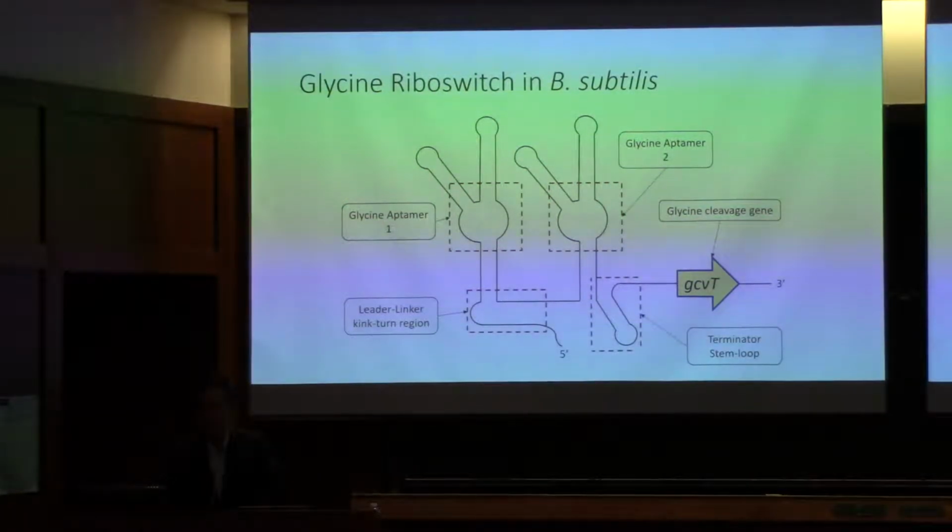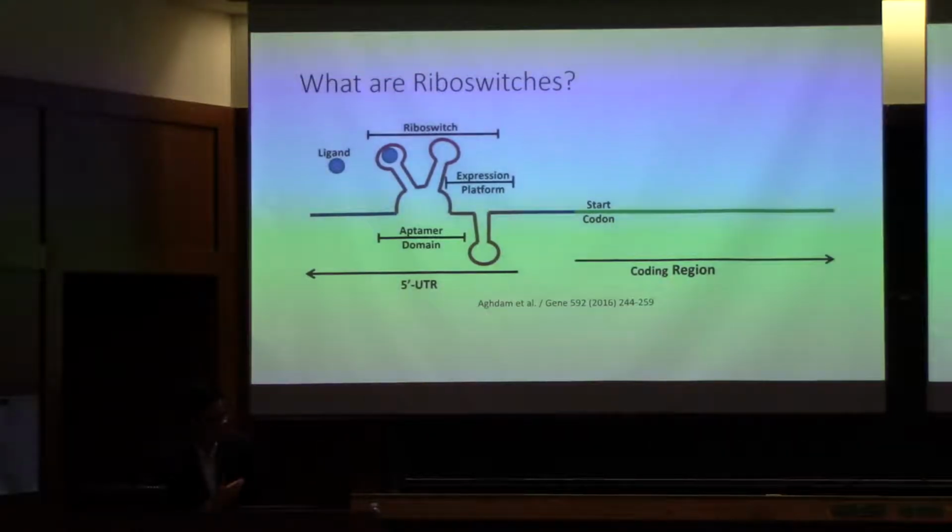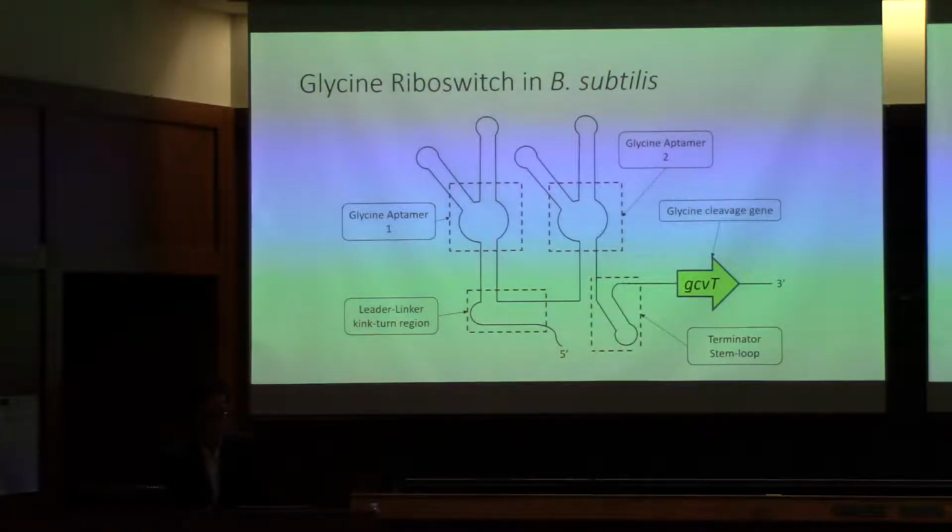The switch that I'm working with is the glycine riboswitch. And this is special because it is a tandem type riboswitch, meaning that a typical riboswitch only has one aptamer, whereas the glycine riboswitch has two aptamers. Both control the same expression platform, the terminator stem loop.